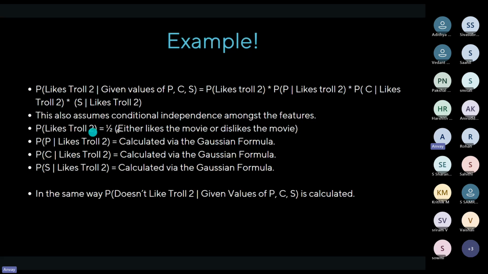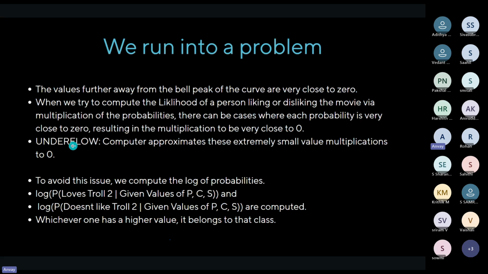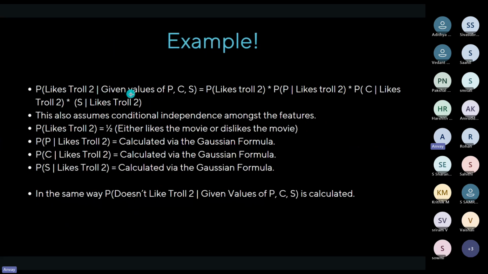And in computers, when you multiply numbers extremely close to zero multiple times, due to something called underflow, the computers approximate them to be zero. They approximate these small multiplications to be zero. And that can be an issue because that's not representing our probabilities exactly, right? Because this may be something non-zero.